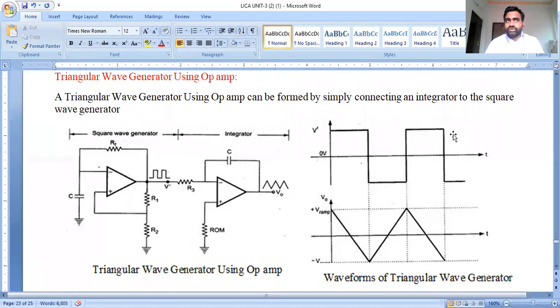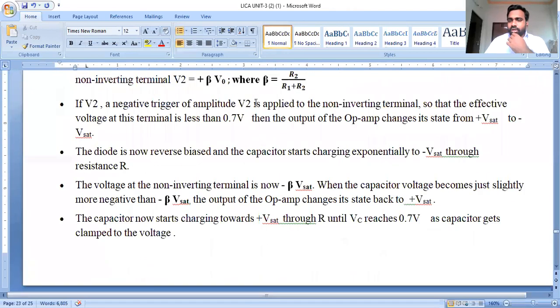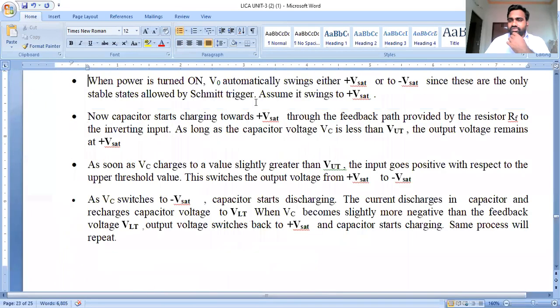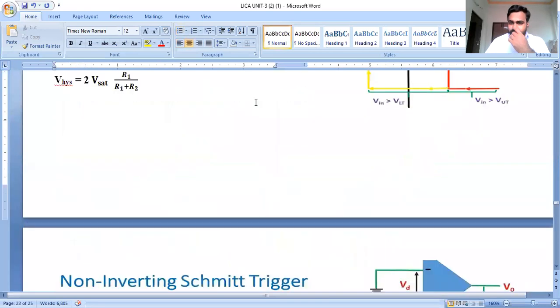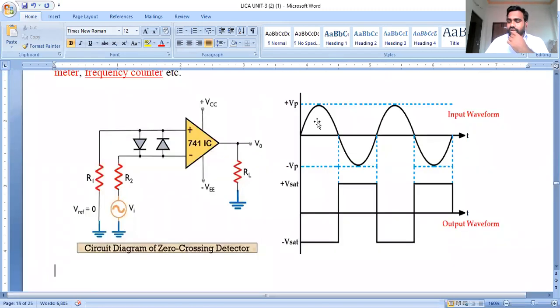Next we observed the behavior of multivibrators, the monostable multivibrator and astable multivibrator. So this is about the triangular wave generator with respect to operational amplifiers, following the previous applications of zero crossing detectors, Schmitt triggers, multivibrators and so on. In this particular zero crossing detector, the input voltage is sinusoidal.